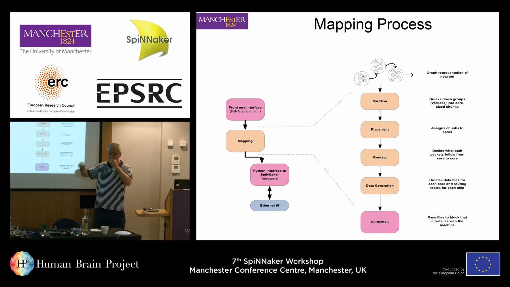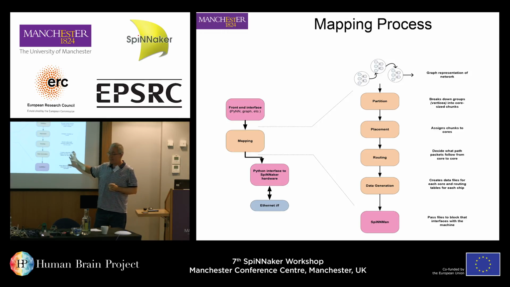Then it does the routing, which is saying, okay, this core here is sending lots of spikes to this core here. So we'll make a path that takes this spike along here, perhaps avoiding a hotspot here, to this core here. So there's a lot of decisions about what the flow of traffic should be on the machine, and that's called routing. And at the end of that, it generates these tables I mentioned that are loaded down to the cores to say how to do all the turns as the traffic is flowing.